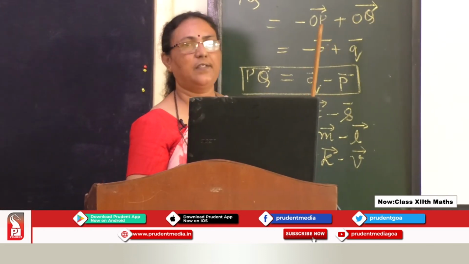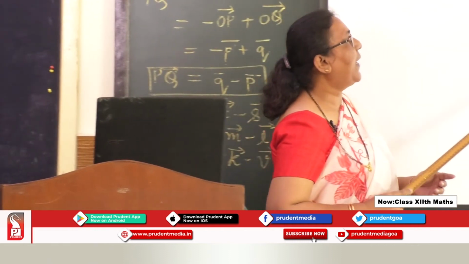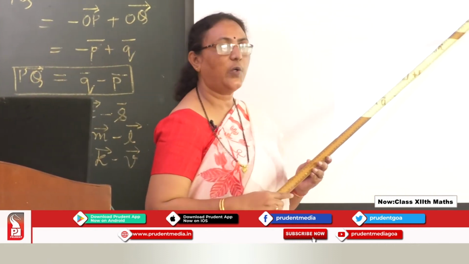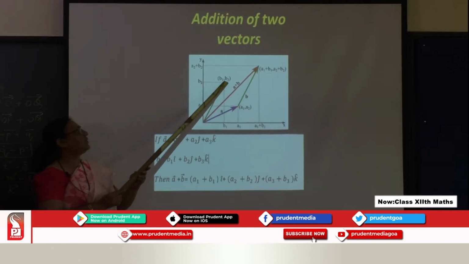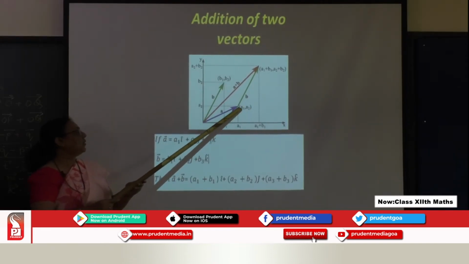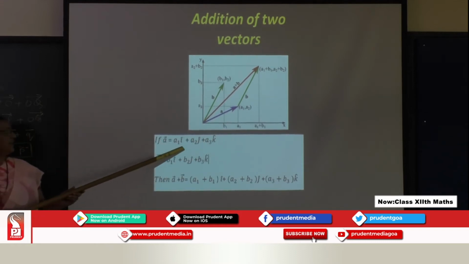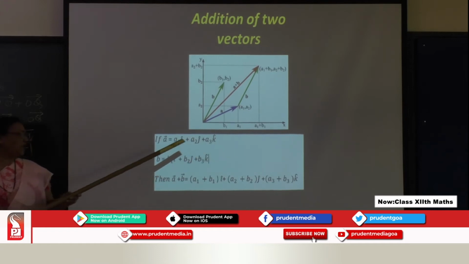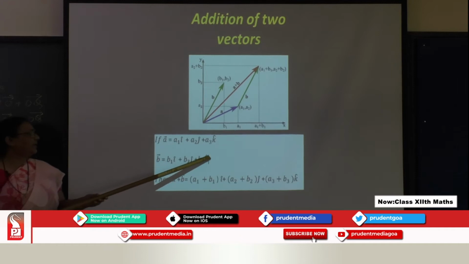Addition of two vectors. How to add two vectors? See, these two vectors are shown in 2 dimensions, A1 and A2, and here B1 and B2. In 3 dimensions, A bar is one vector and B bar is another vector.